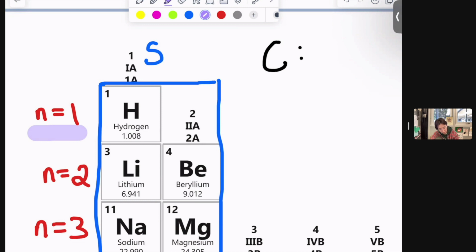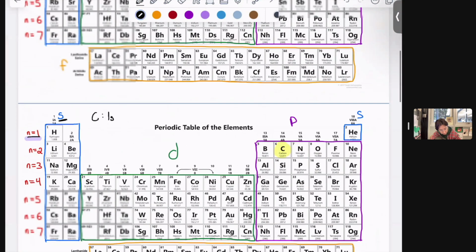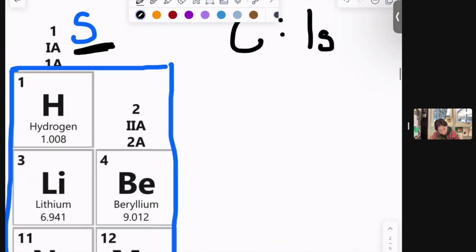So our first orbital that we're going to fill, we're in n equals 1, and from your map, you know that this is the s area. So you're filling the 1s orbital right now. The 1s orbital.